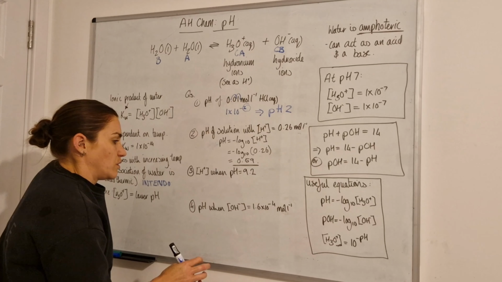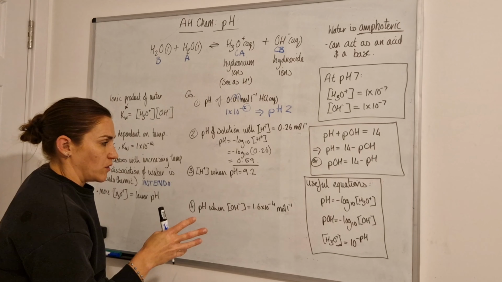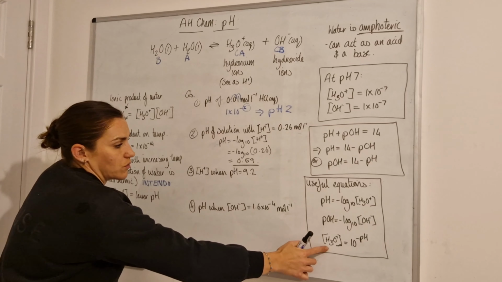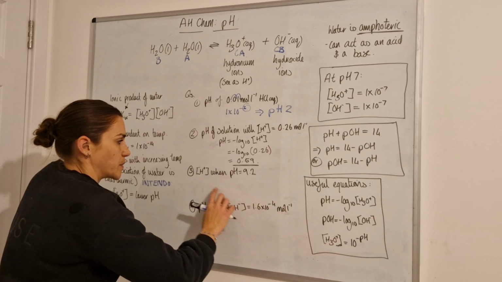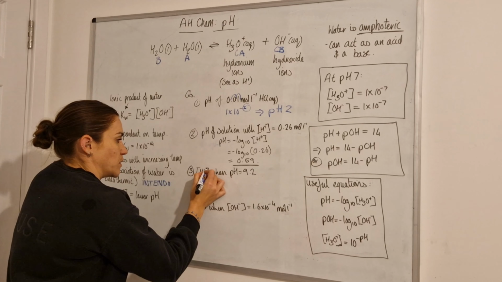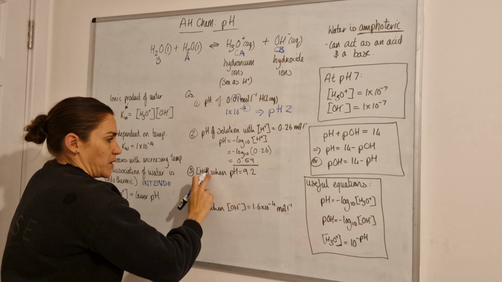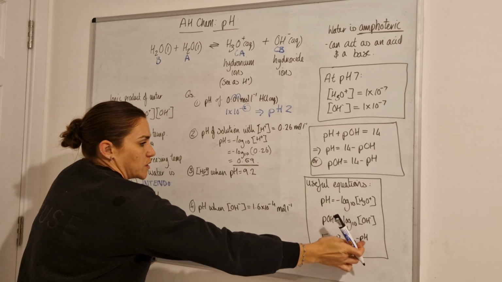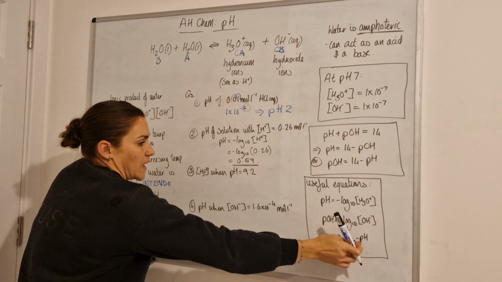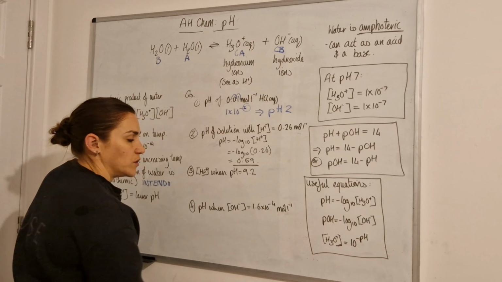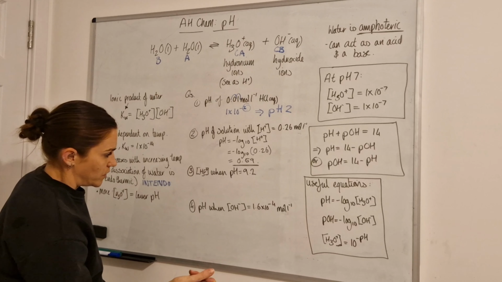So I'll show you how to rearrange it, just in case you don't manage to memorise this one, but plugging it in is pretty straightforward. If you're working out the H3O plus concentration when it's pH 9.2, you would just put in your calculator 10 to the power of minus 9.2 and then press equals, and it will give you the result.